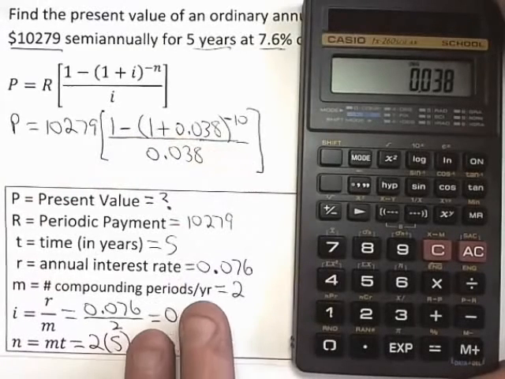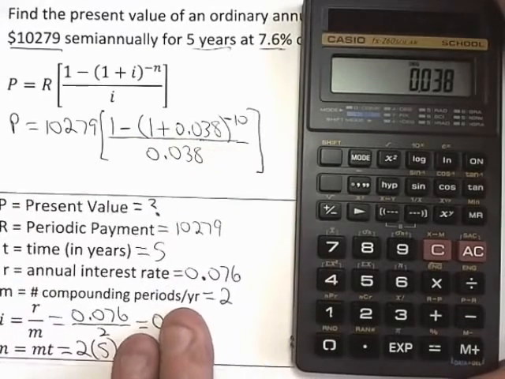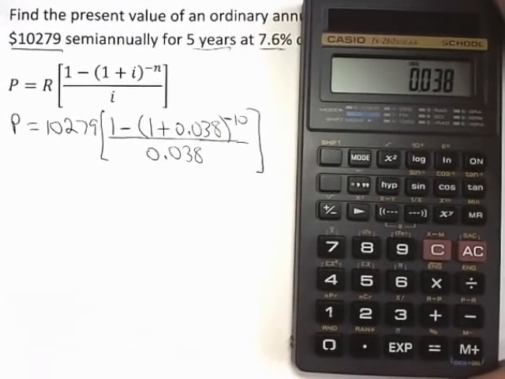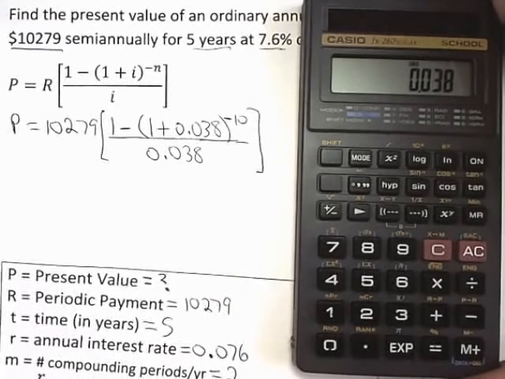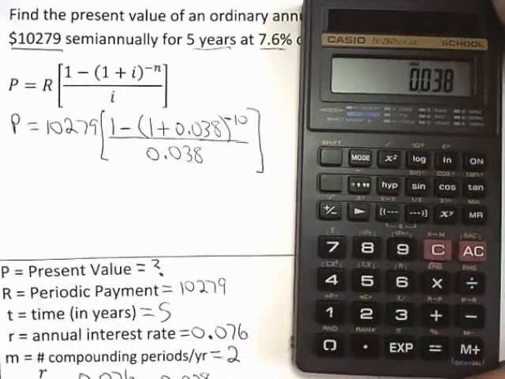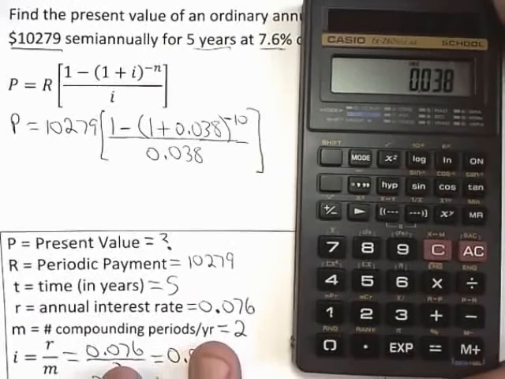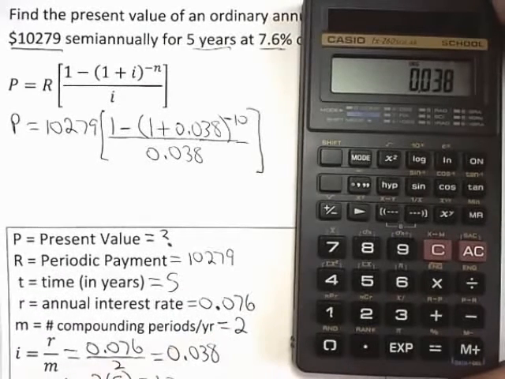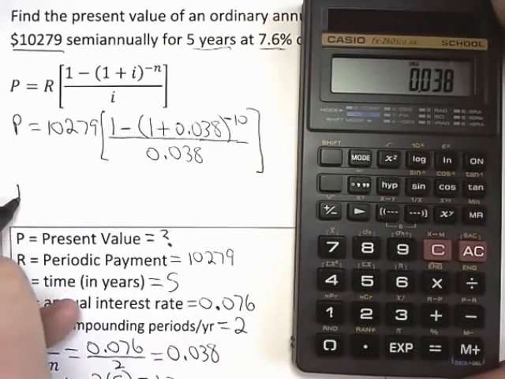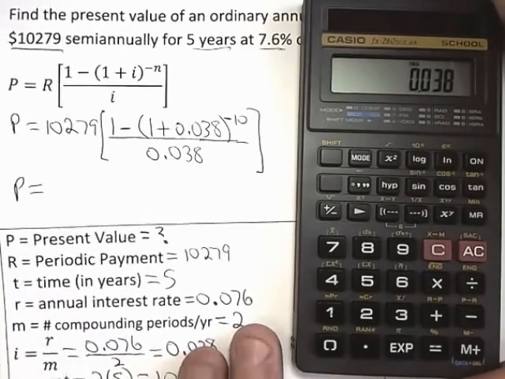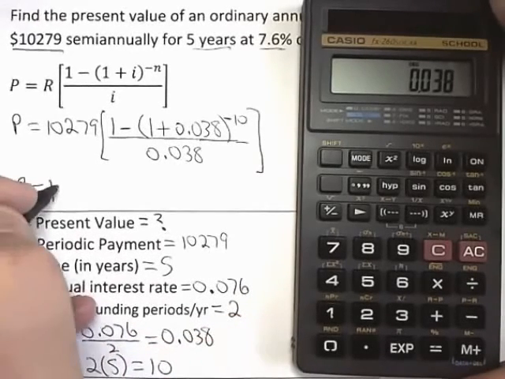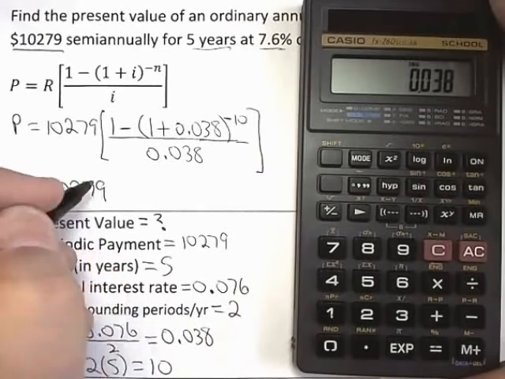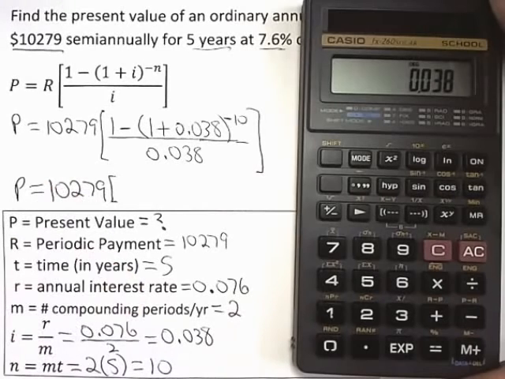Now it's strictly a calculator problem from here on out, so let's make some room to do these calculations. So we've got P is equal to $10,279 times.